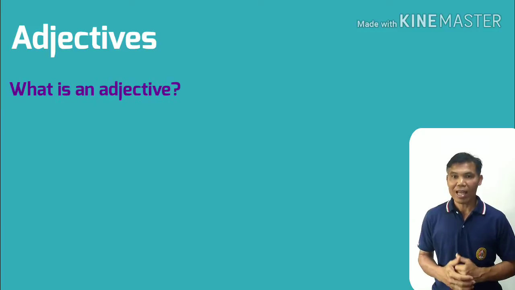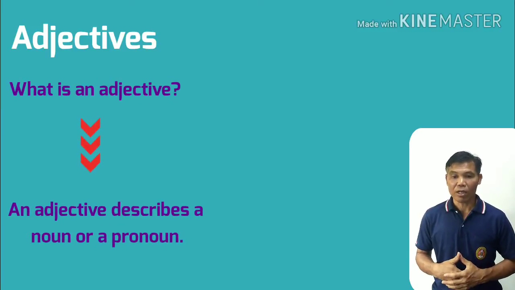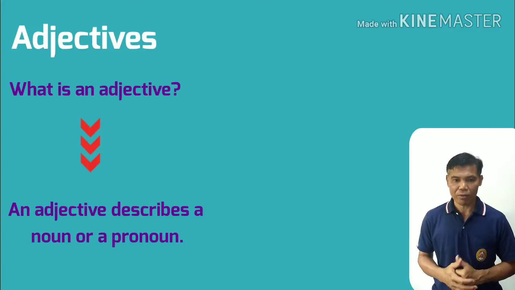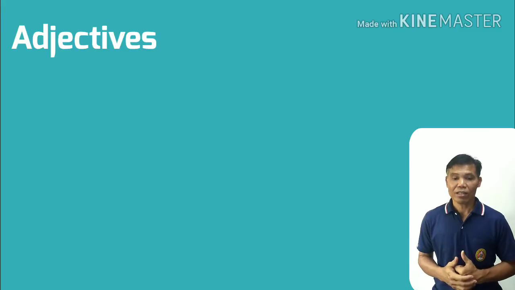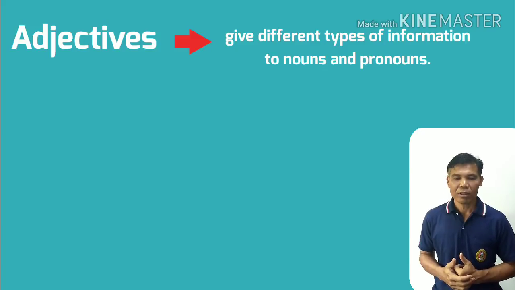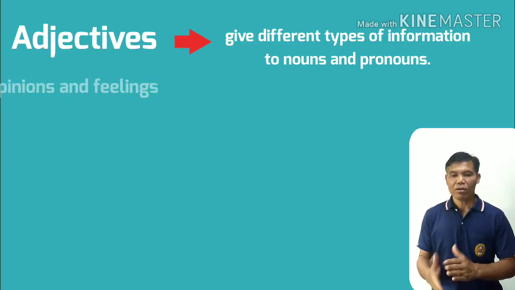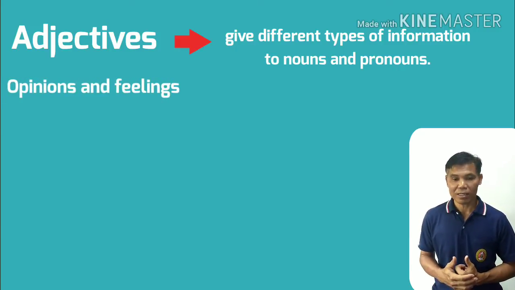What is an adjective? An adjective is a word that we use to describe a noun or a pronoun. Adjective gives different information to a noun and a pronoun. So, some adjectives give information about opinion and feelings.